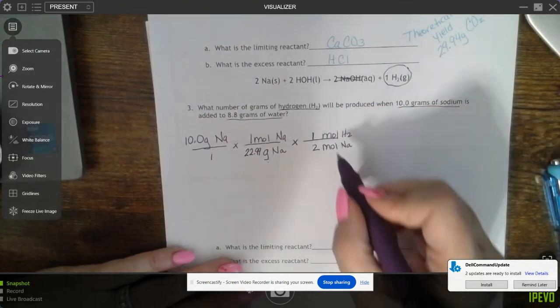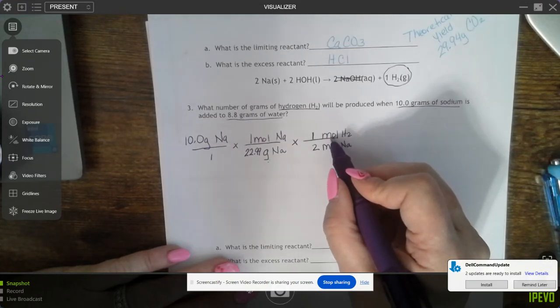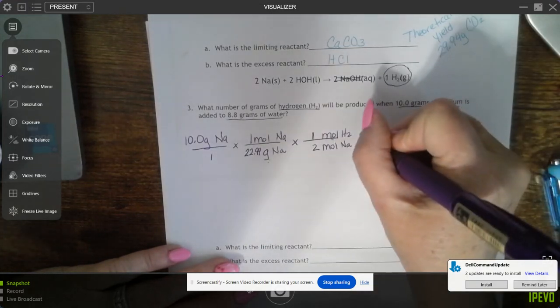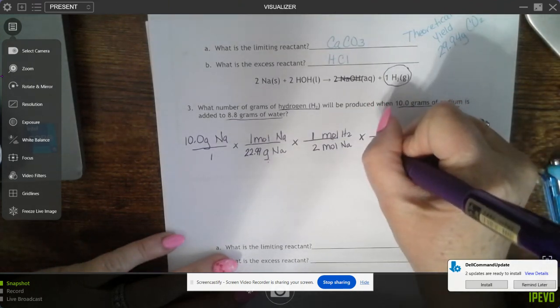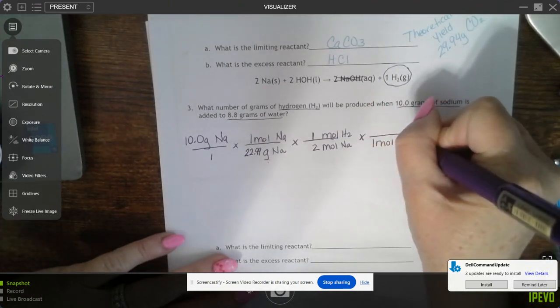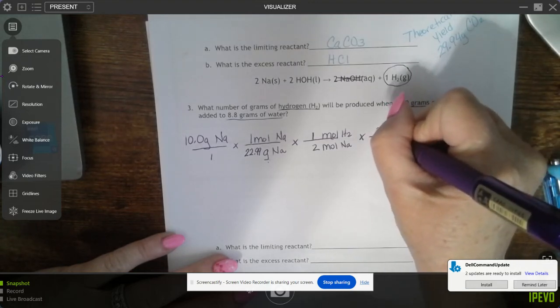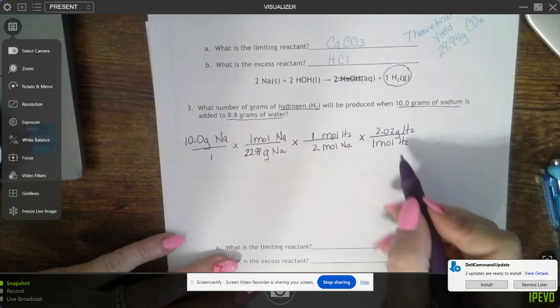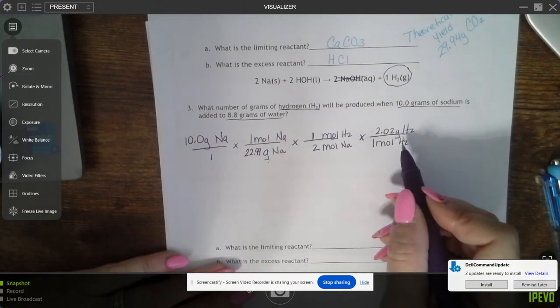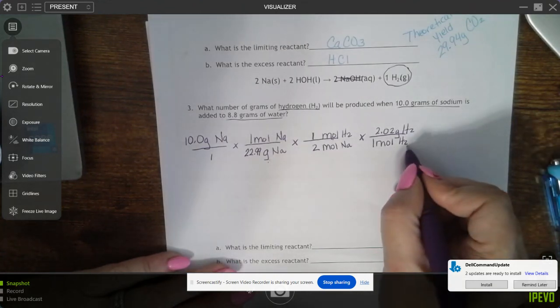Finally, we need to convert from moles of hydrogen to grams of hydrogen. So 1 mole of hydrogen has a molar mass of 2.02 grams, because 1 hydrogen on your periodic table is 1.01 and we have 2.